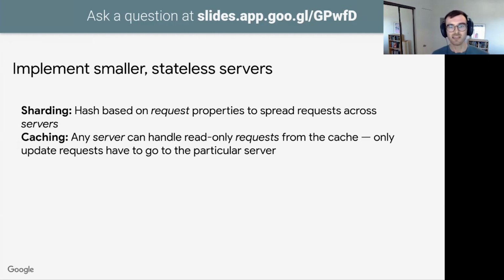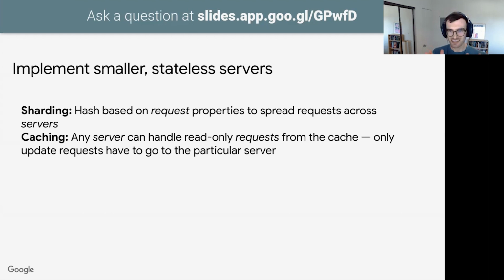So the first is called sharding. The idea here is to make each server handle just a fraction of the total objects in your system. So if we think back to our photo site example, each photo that gets uploaded to the system is assigned a unique ID in such a way that the IDs are evenly spread out over a large space. So you can think of this as a hash map.